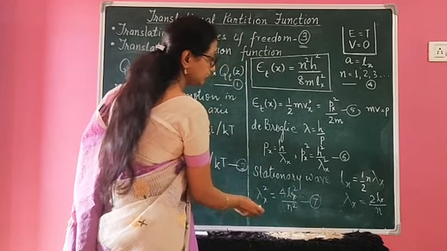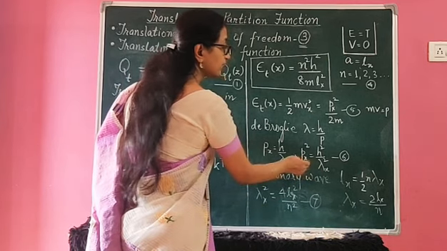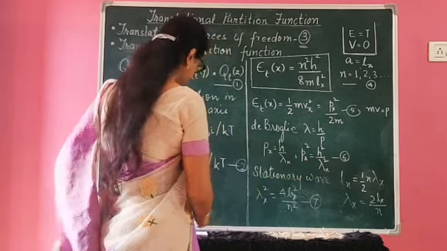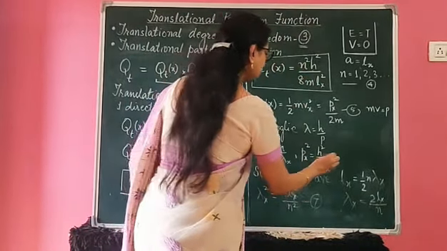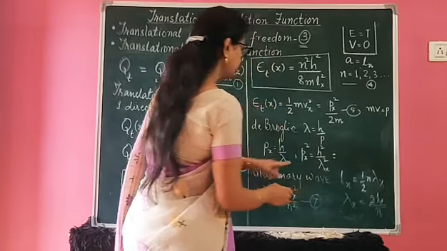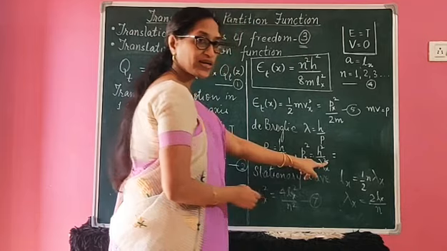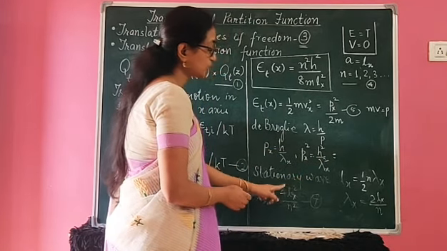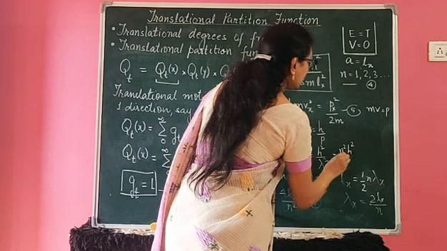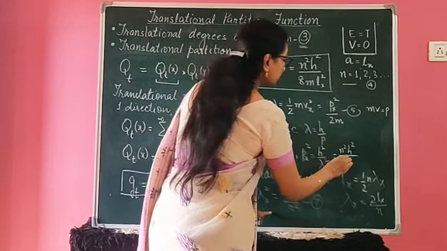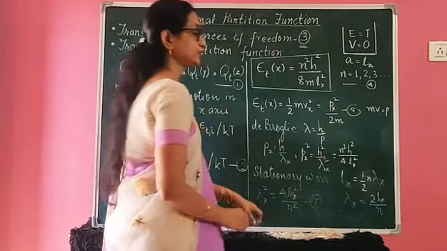Now we will substitute equation 7 in 6 and we can get the value of px square. Let's see, if we substitute here, what do we get? px square is equal to h square upon lambda x square. Lambda x square is in denominator, so this will invert and we will have n square h square upon, in denominator, 4 Lx square.